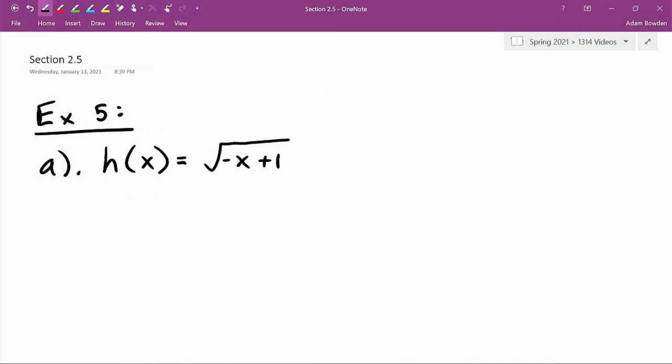So here we're going to look at a function that has multiple transformations involved, and we're going to sketch the graph by hand. Here there are two transformations, one due to the negative x and another due to the plus 1. The negative x is going to cause it to reflect about the y-axis.